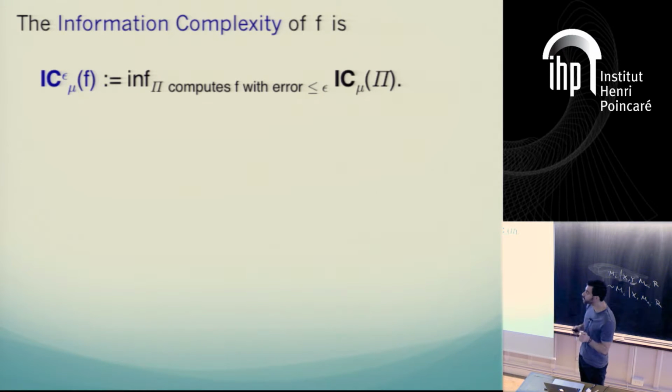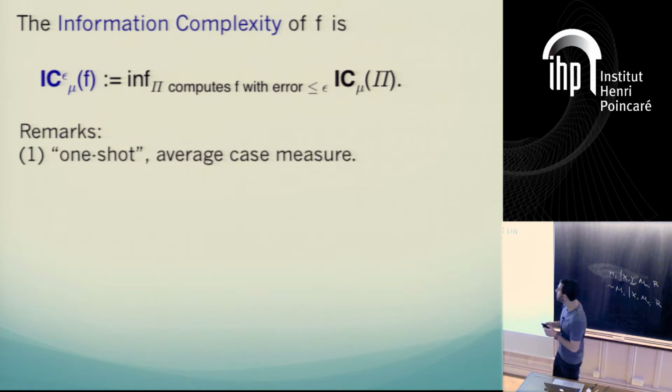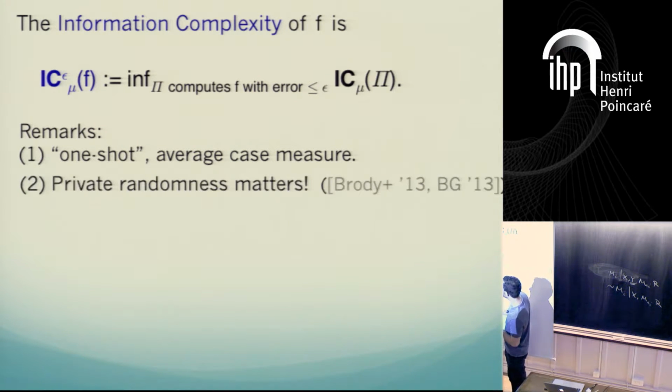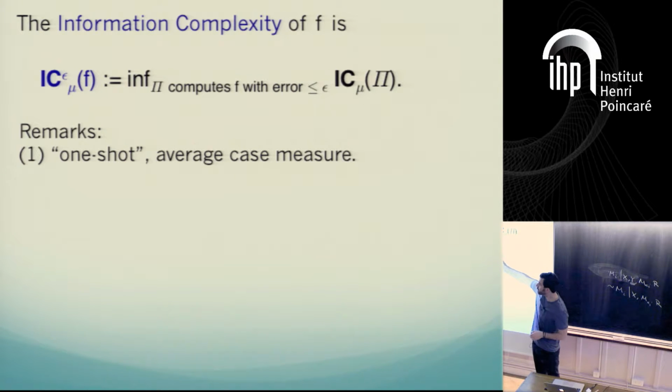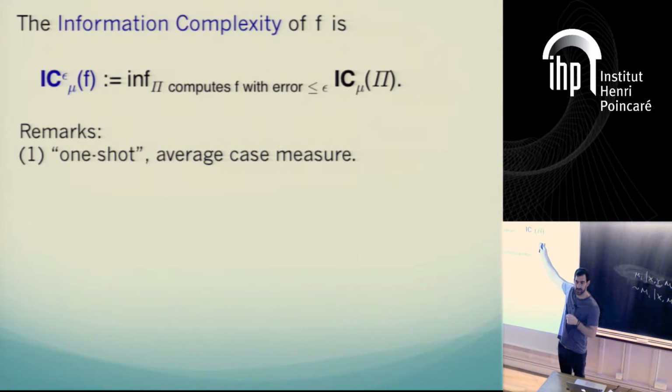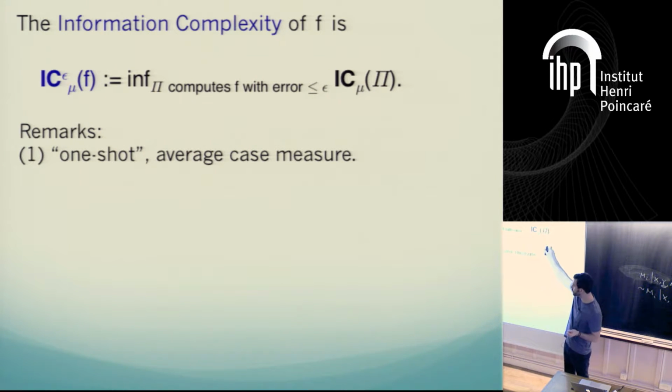A few quick remarks, which I hope most of you will not get bored by. First of all, unlike the standard setup in information theory, this is a one-shot measure. So there are no multiple blocks. This is not an asymptotic setting.